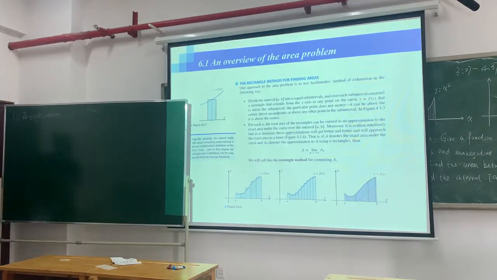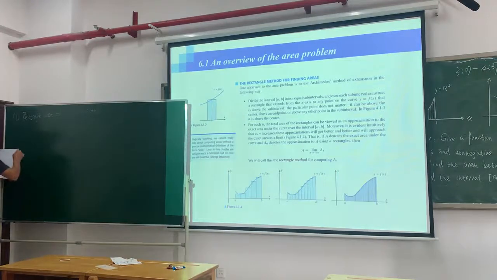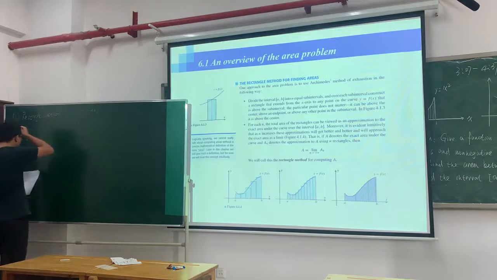For example, we need to find the area of a circle. Here is a circle, the radius is 1. So how to find the area of the circle? We use the exhaustion method.